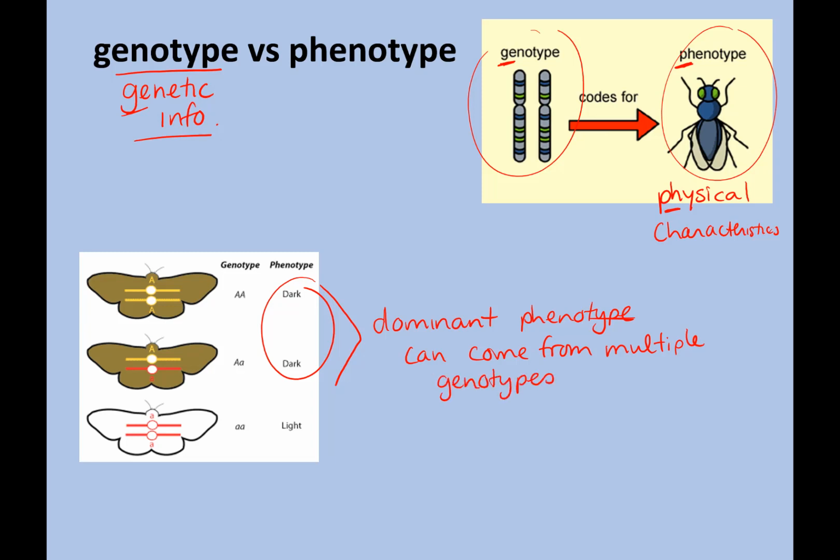In this case they're telling you that dark is the dominant phenotype, right? And big A big A or big A, little a, two different genotypes, is going to give the same phenotype, right? So if you see a dark butterfly, you cannot tell its genotype. You would have to do some mating to determine that. For recessive genes, the phenotype does tell you the genotype.